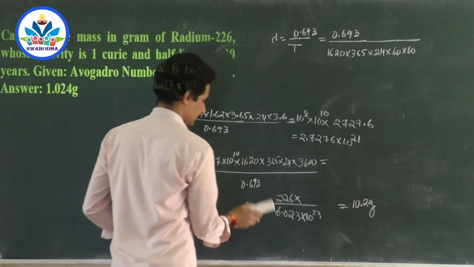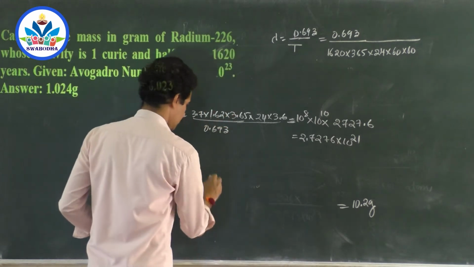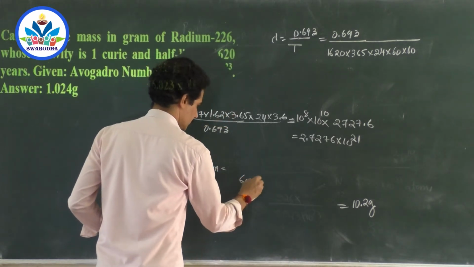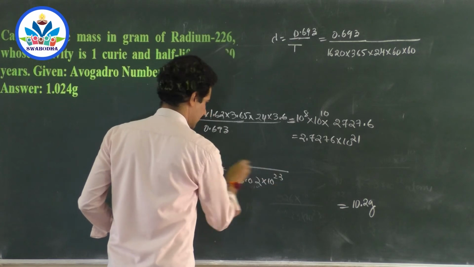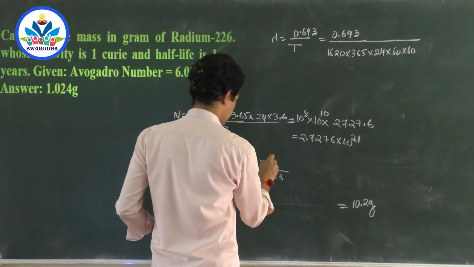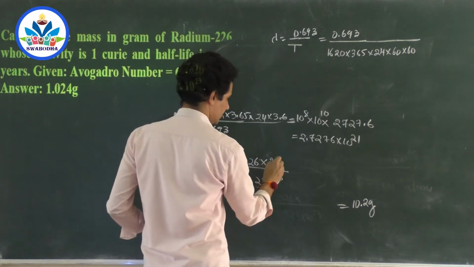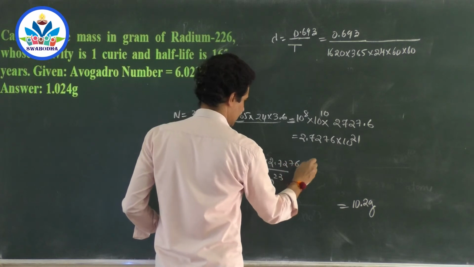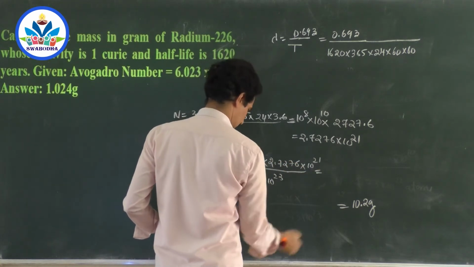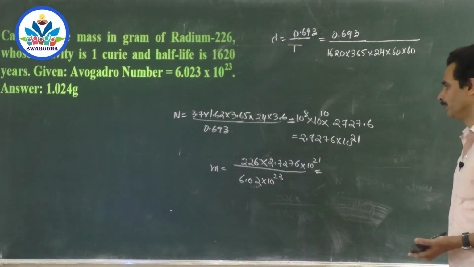I'll rub this. 6.02 into 10 to the power 23 atoms weigh 226 gram. What about 2.7276 into 10 to the power 21 atoms weigh? Because we got 10.2, it should be 1.02 gram.